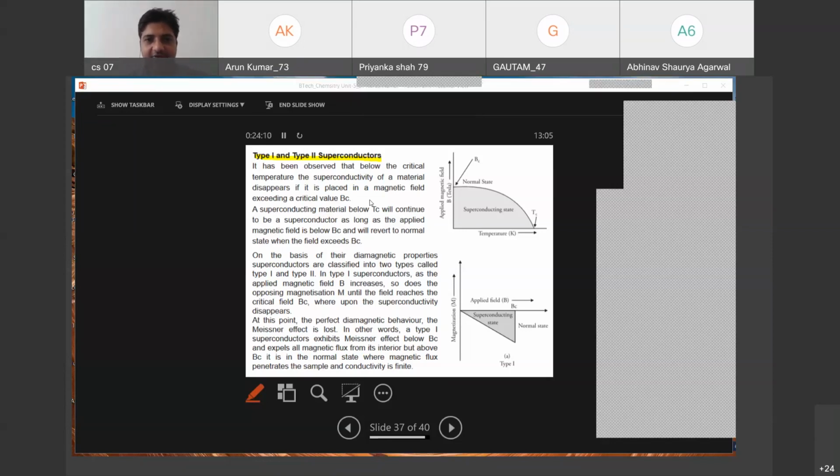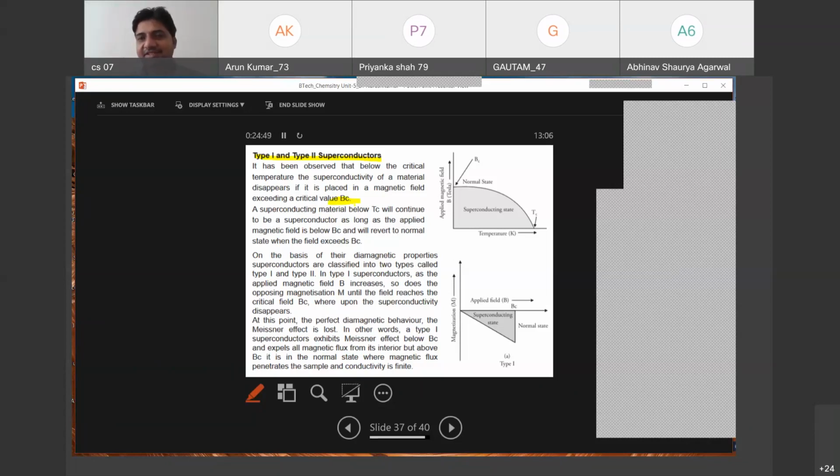Now one more thing: if you place that material in some applied magnetic field, there is one more factor which controls the superconductivity of our material. That factor is the critical magnetic field, that is our BC, critical magnetic field.